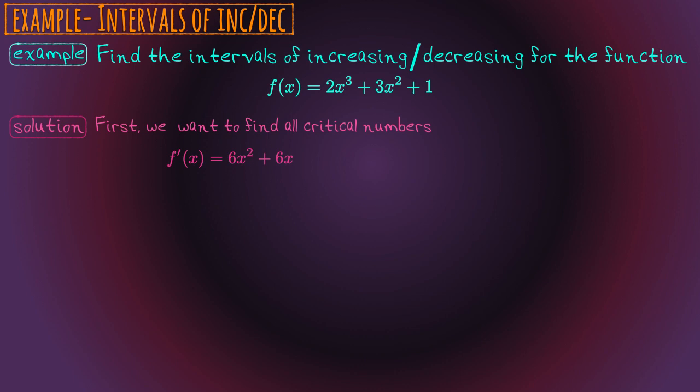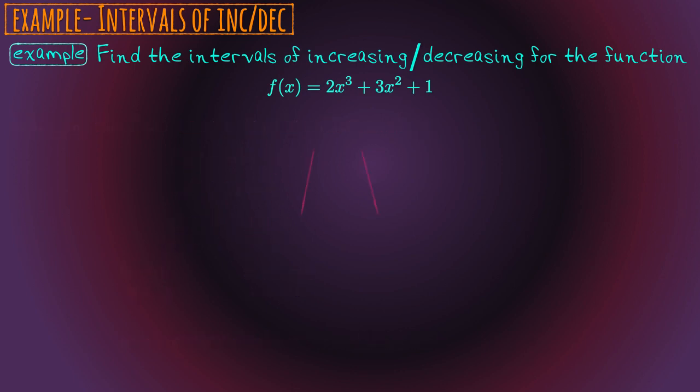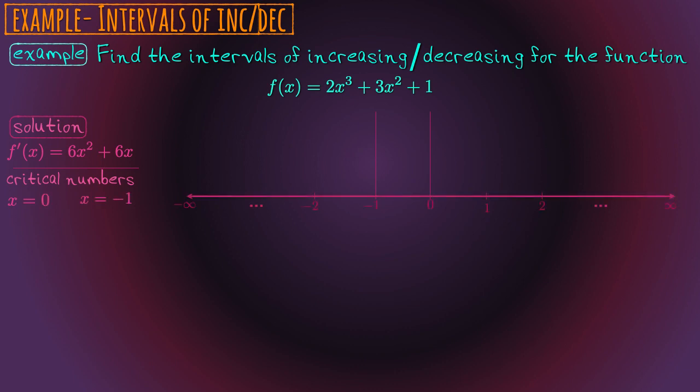So we get 6x squared plus 6x. If we set that to 0, we get x equals 0, x equals negative 1. And so we're going to break up the real number line at 0 and negative 1. And now we're going to test f prime in those intervals, and that's going to tell us about f.